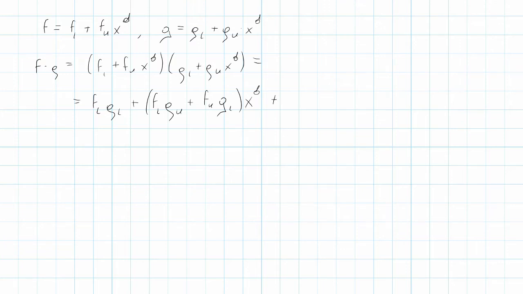And then finally we have fu gu x to the 2d. Here we have four multiplications of polynomials of half the length, 1, 2, 3, 4. So it is no way better than originally. We don't have any gain here.